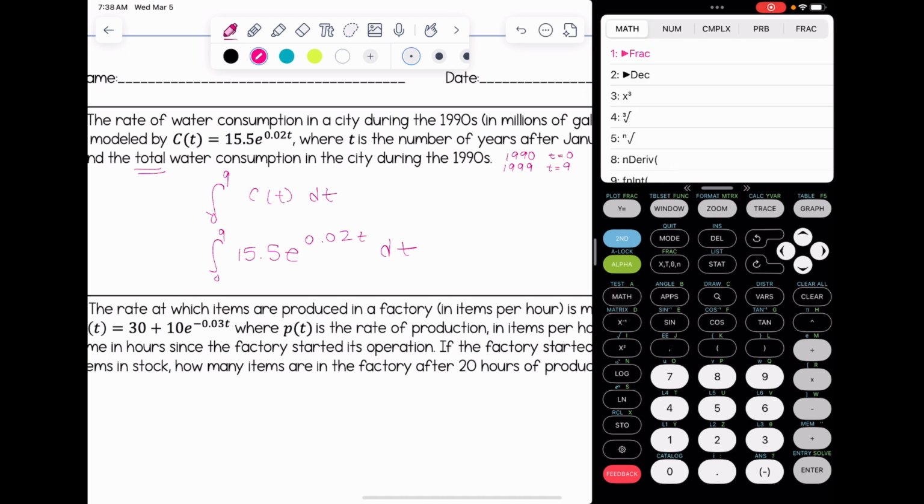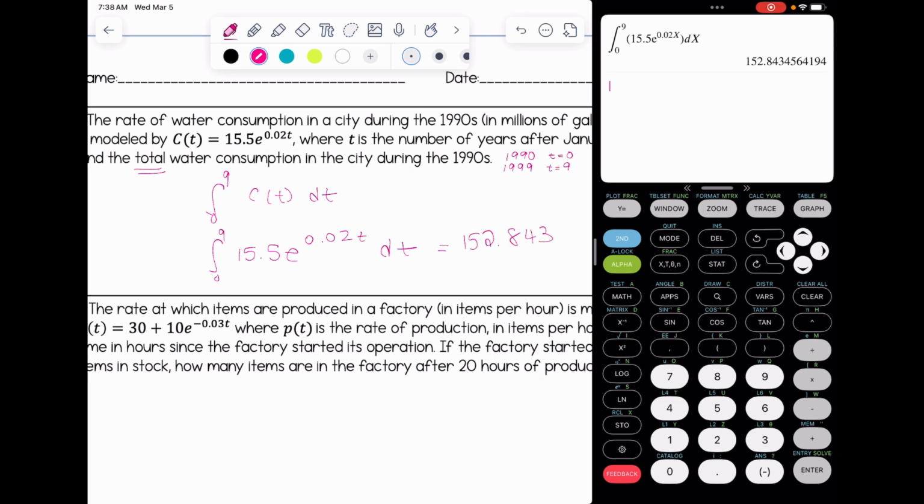So I'm going to go to math and then 9. I'm going to plug in my bounds, and then I'm going to plug in our function. For this, we're going to go with rounding rules of always 3 decimal places at least.